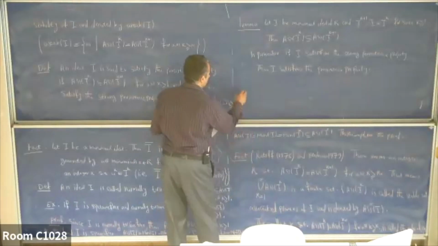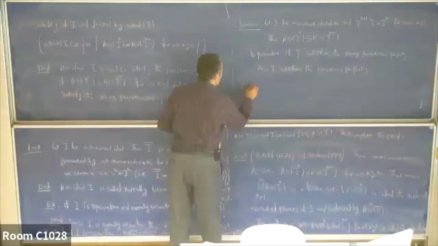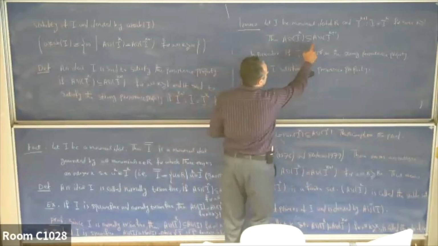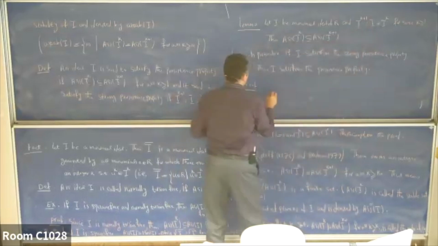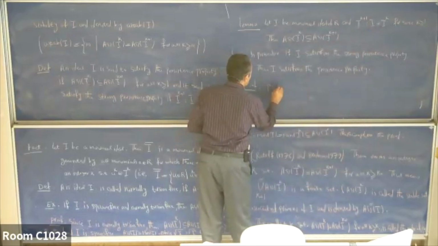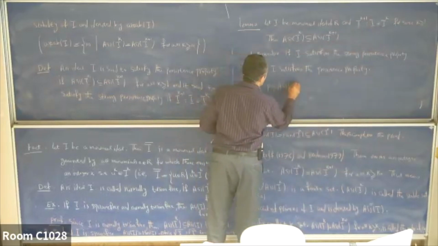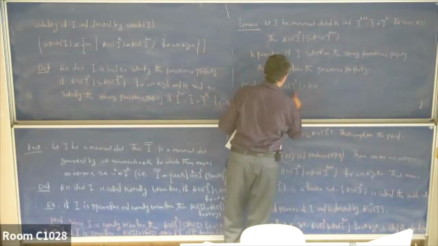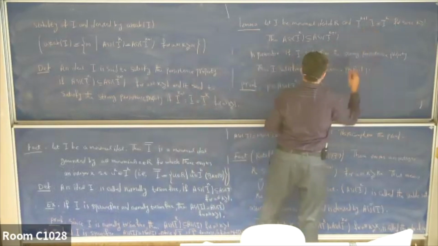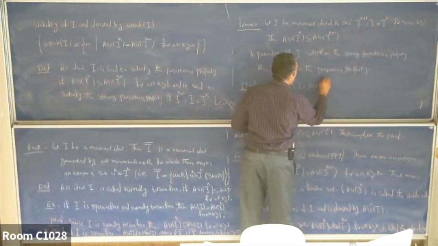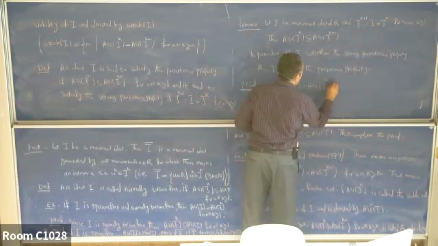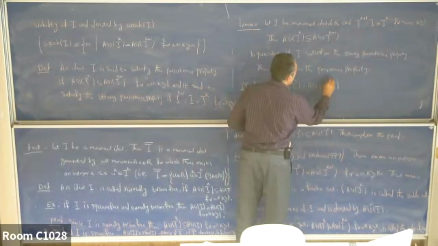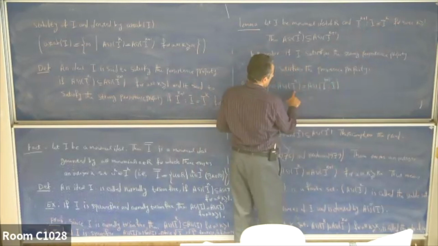Proof. We want to prove this one. Let P belong to S of A^K. Then P is an associated prime, and A^(K+1) colon this ideal is equal to A^K.